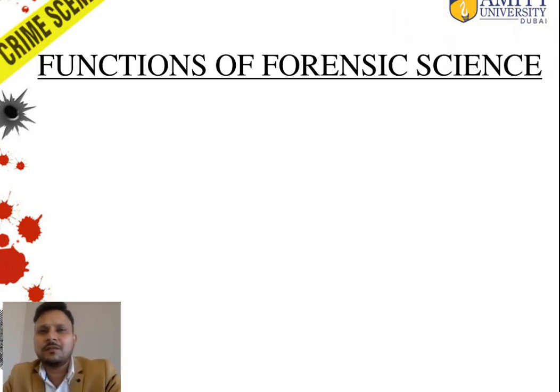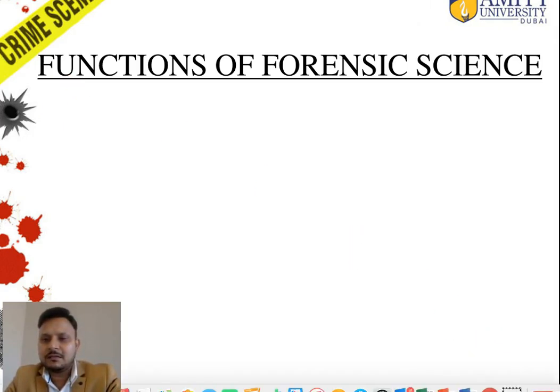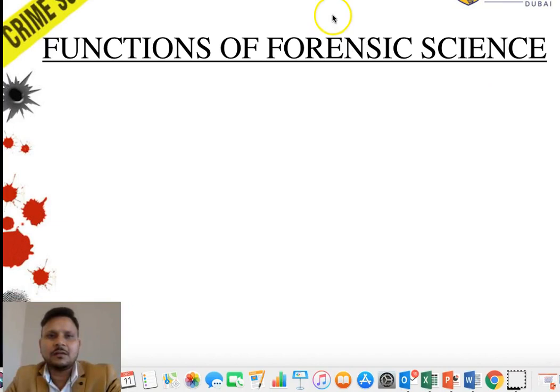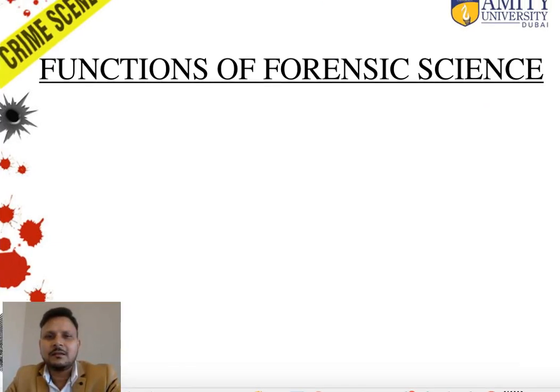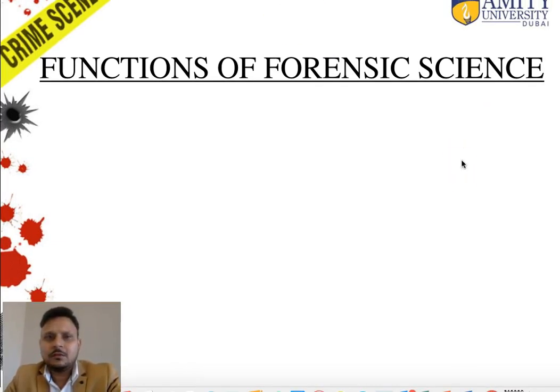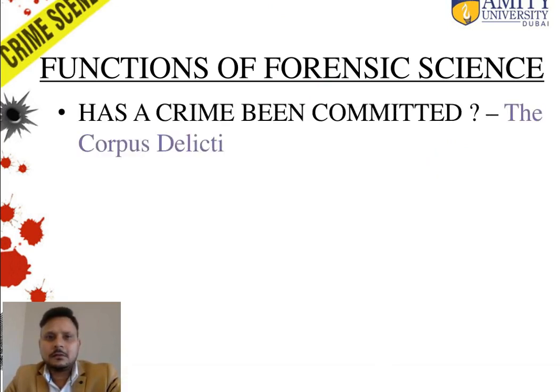So what are the functions of forensic science? Let us try to understand this. First, has a crime been committed? The investigator has to tell whether or not a crime has been committed.